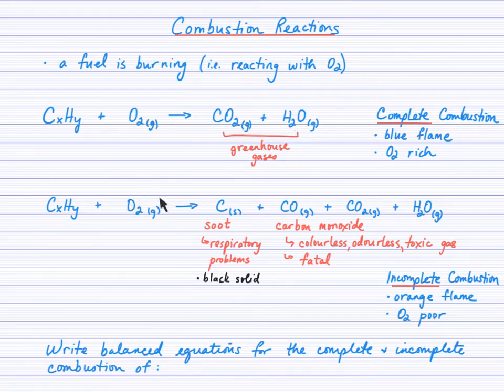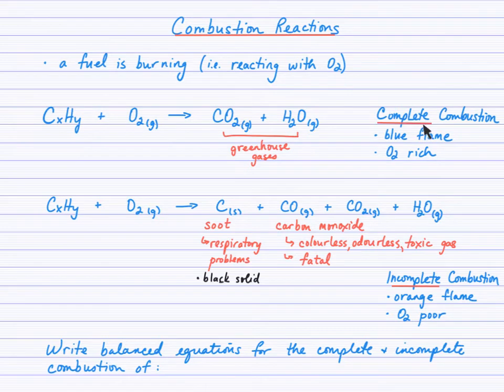If the oxygen supply is lean or poor, then an orange flame is typically the color of the fuel burning, and it means that there won't be enough oxygen for all of this carbon to convert to carbon dioxide. Some of it will be isolated as just carbon solid, and some as carbon monoxide. Yes, possibly CO2 will be produced, and there's always going to be water vapor.